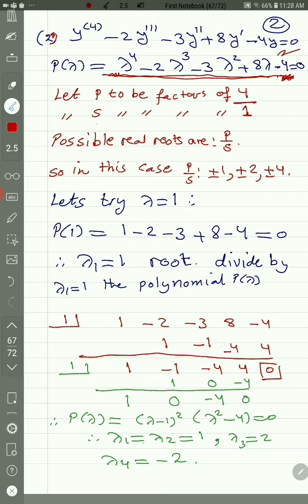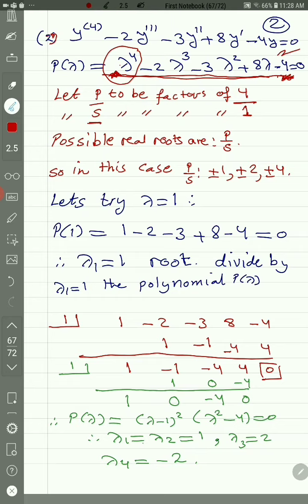And S is the factors of the leading coefficient, which is 1 here. See? The leading coefficient of lambda^4 is only 1. So the factors of 1. So P is the factors of 4, and S is the factors of 1. So I will list them now.